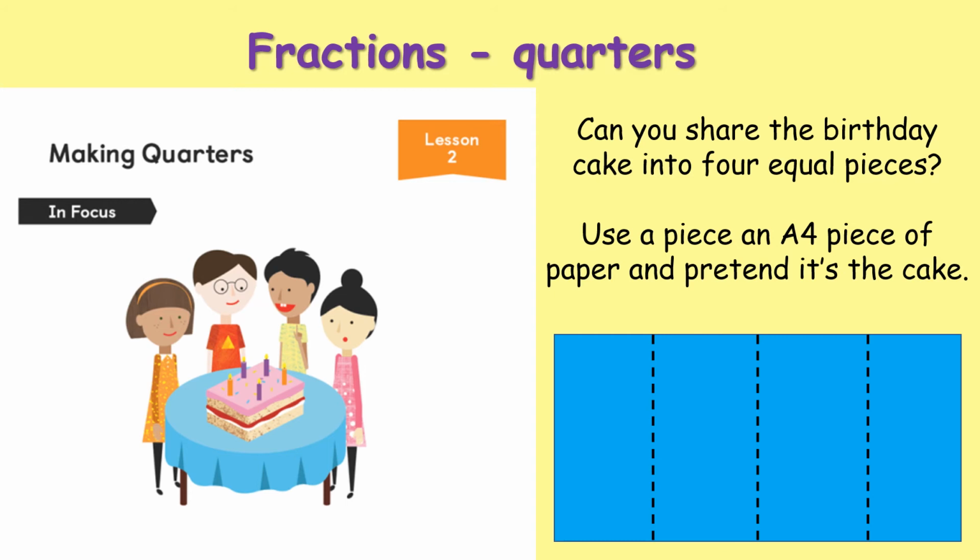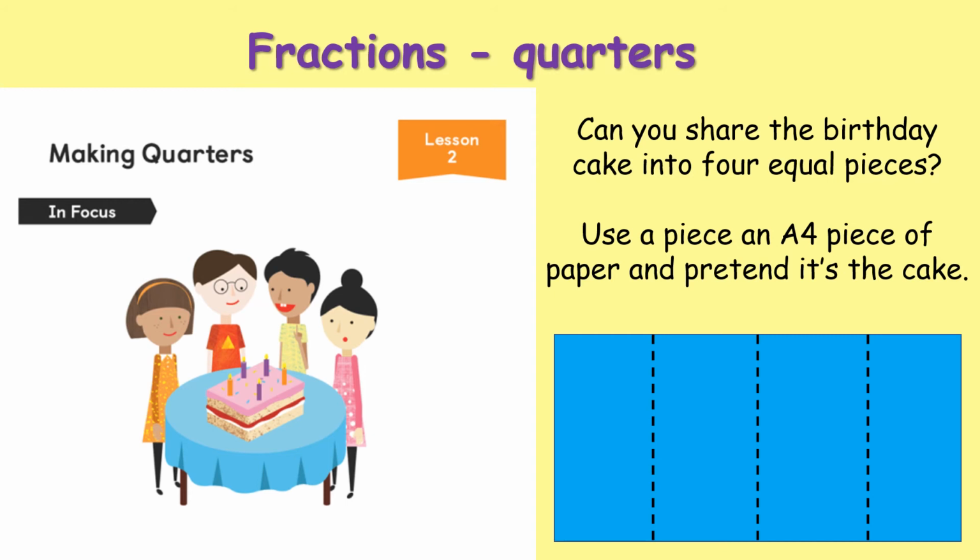And if something is cut into 4 equal pieces, we say it is cut into quarters. Okay, so 4 equal pieces, 4 pieces that are the same size, that have been cut up, we call them quarters. And when you put these 4 pieces back together, okay, it makes a whole.